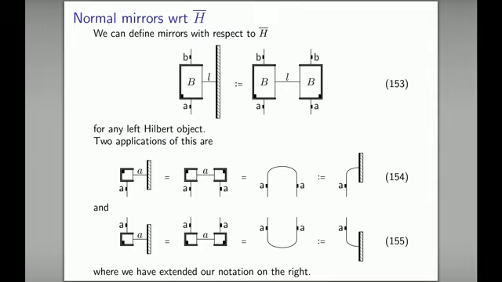And this thing is just the identity, the cap, and then I can define that as being equal to that. So that's just natural. That allows me to attach wires to mirrors. You can do the same in the other direction.